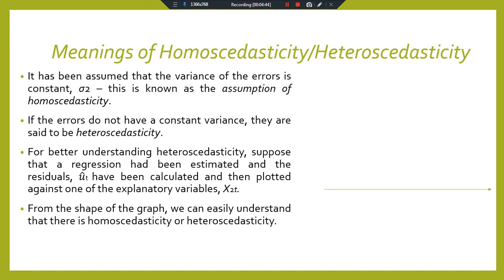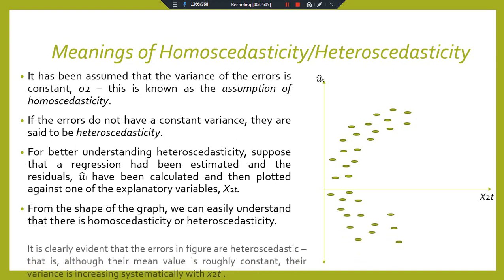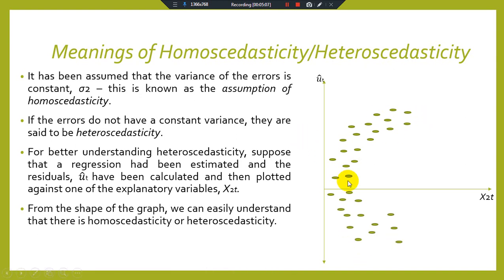Let's see the graphical presentation. We have an independent variable x2, and we use ut on the y-axis. Here we have some outcomes of the error term against the independent variable, and we see a trend.